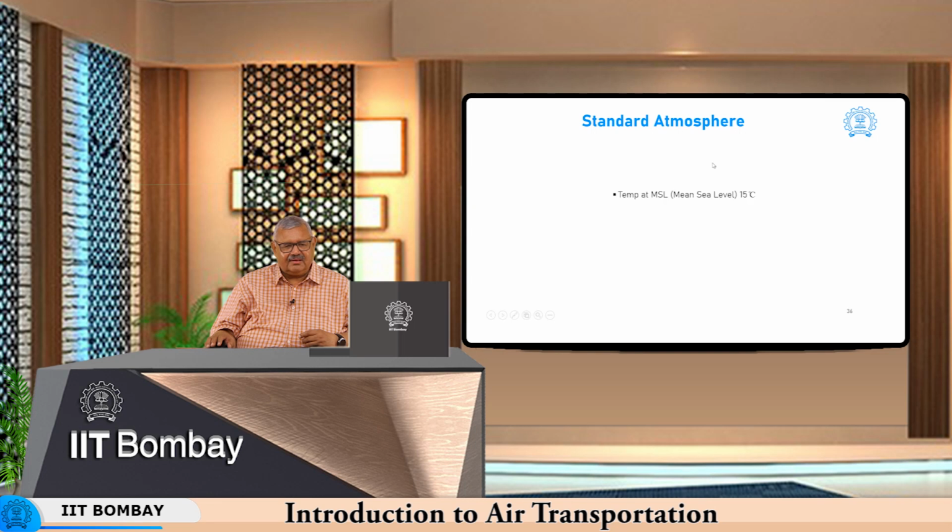Under standard atmosphere, the temperature at mean sea level is 15 degrees centigrade or 288.16 kelvin. The pressure at mean sea level will be 760 millimeters of mercury or 1.0135 bar, and the air density will be 1.225 kg per cubic meter under standard ISA conditions.